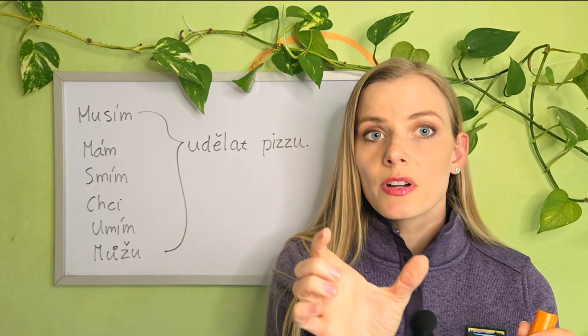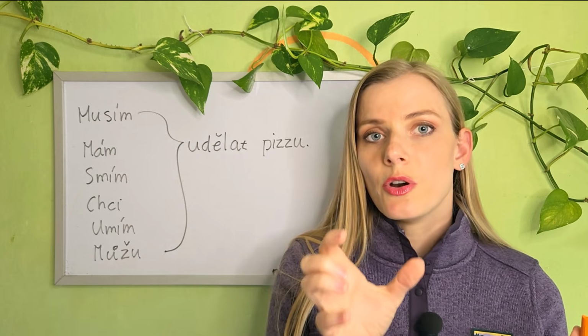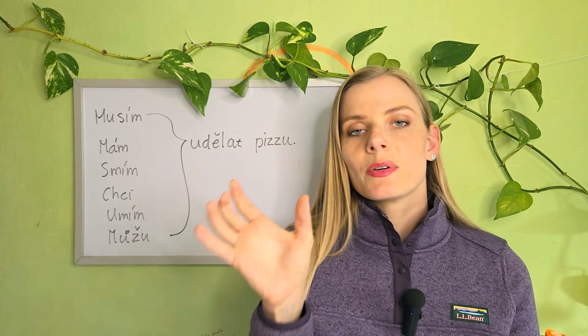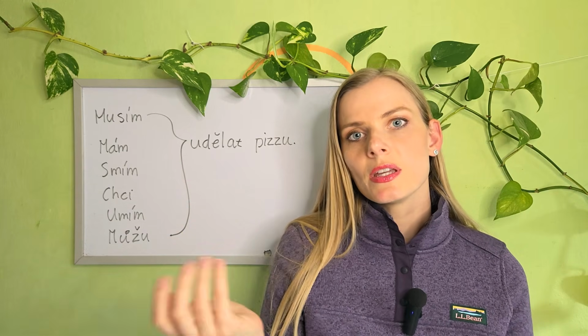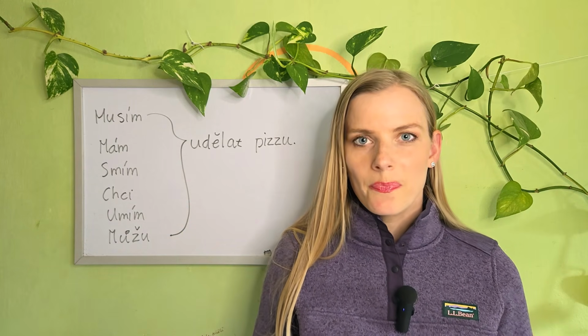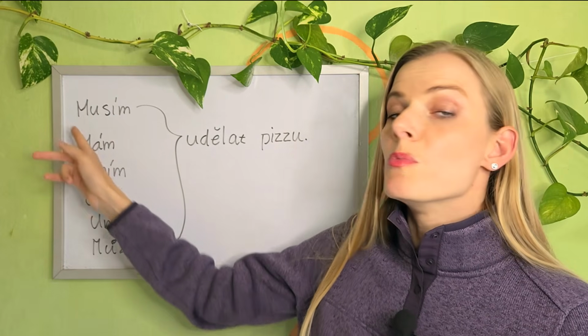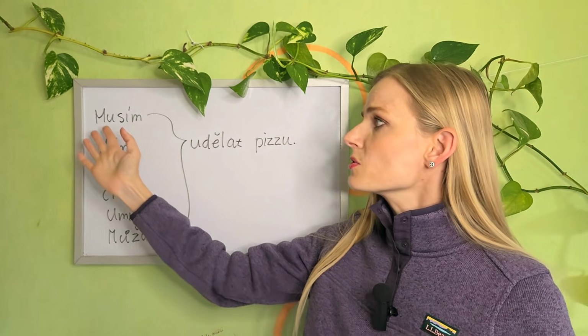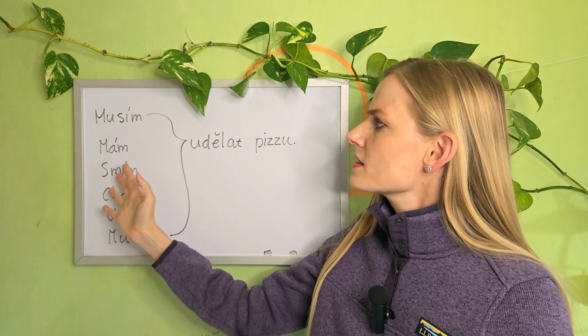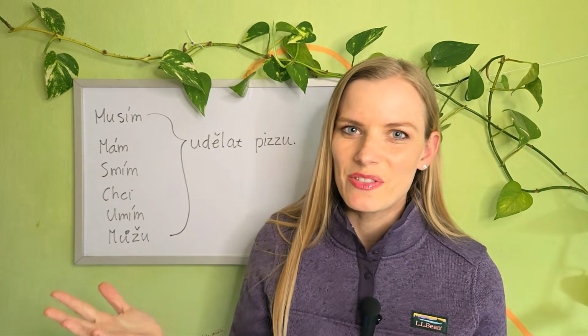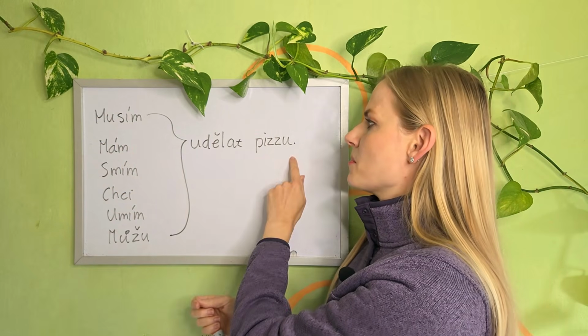So these modal verbs usually don't stand on their own. There is another verb with the full meaning, and that will be in the infinitive form. In today's video, I'm going to talk about these 6 modal verbs. So we're going to take a look at this sentence, or actually 6 different sentences that have the same base.